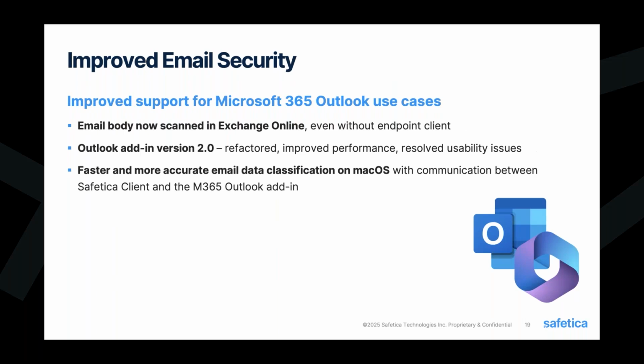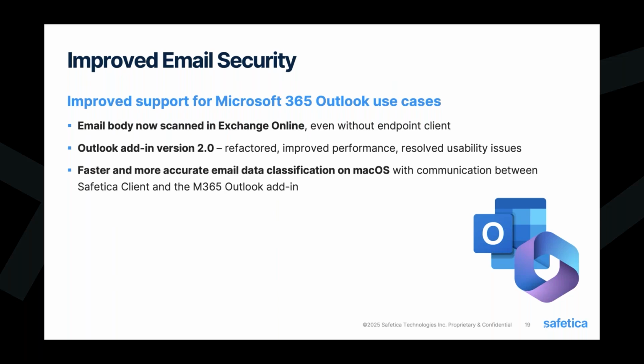And possibly this final big topic that we've addressed in the latest version is improved email security. So for our Microsoft 365 users, we invested heavily into the user experience we can provide with Outlook use cases. And we know lots of our customers are also customers of Microsoft, and they are using Microsoft 365 services.